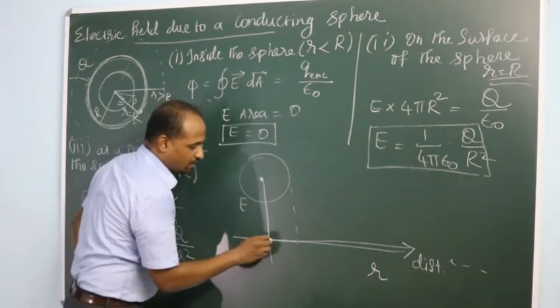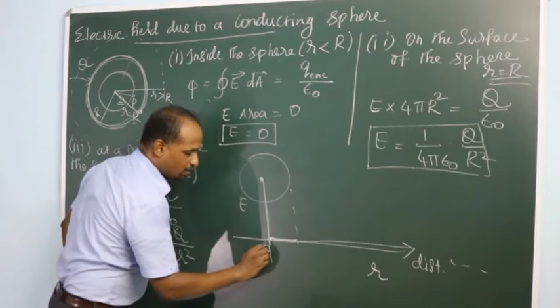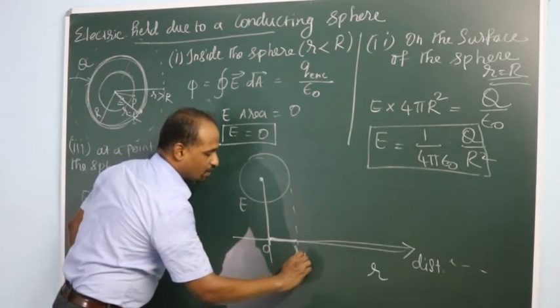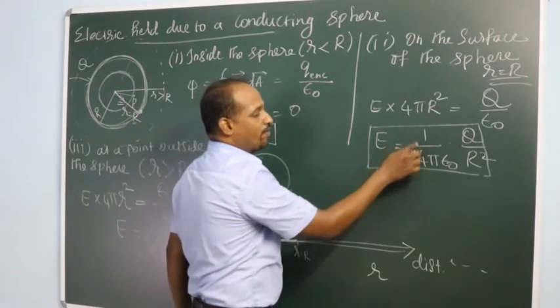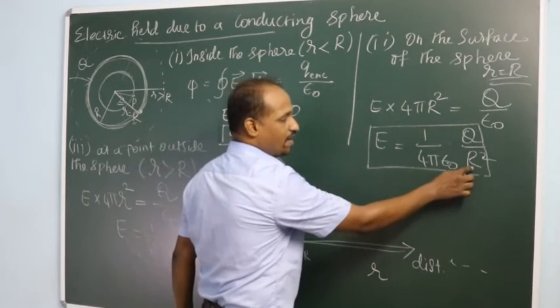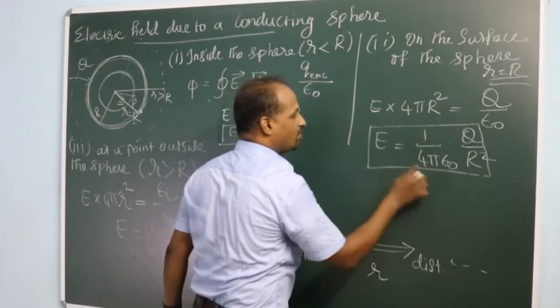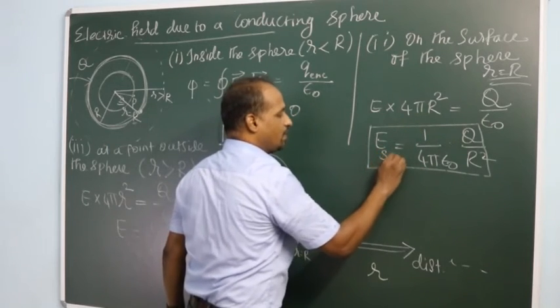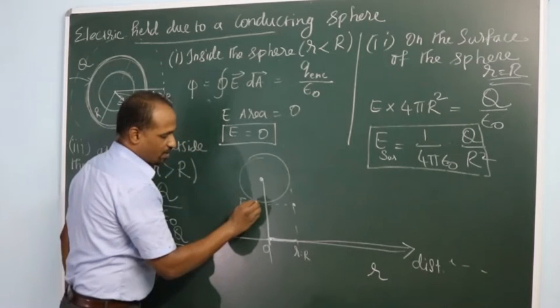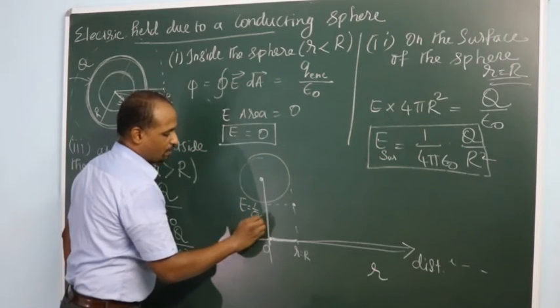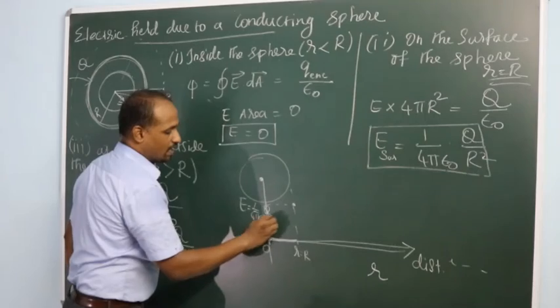So the electric field is 0 from 0 to R. Exactly when r is equal to R, the electric field will be 1 by 4 pi epsilon naught Q by R square, where R is the radius of the sphere. This value is E surface, and that value will be here.